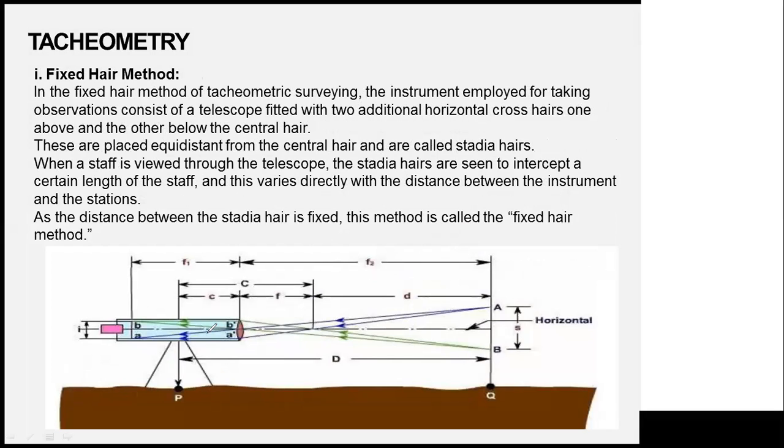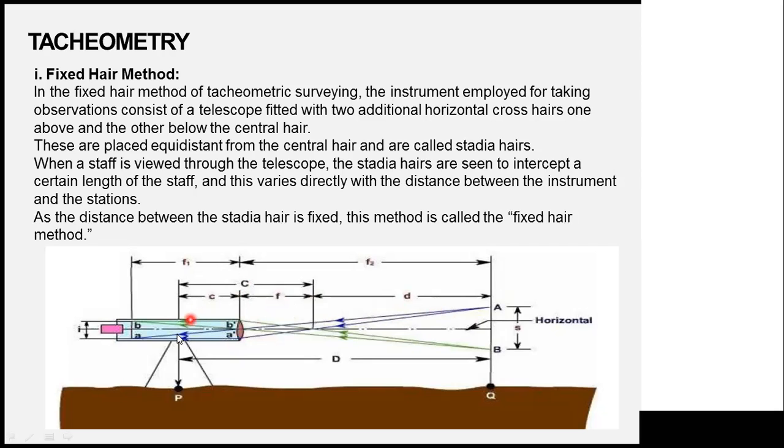Now, you are observing this staff, which is at point Q, and your instrument is at point P. Through this telescope, the rays bisect at point A and point B. The distance between point A and point B, you can see in this image, is capital S. Now the rays intersect at a point; from the end point of the telescope, this distance is small f, and the remaining distance is small d.